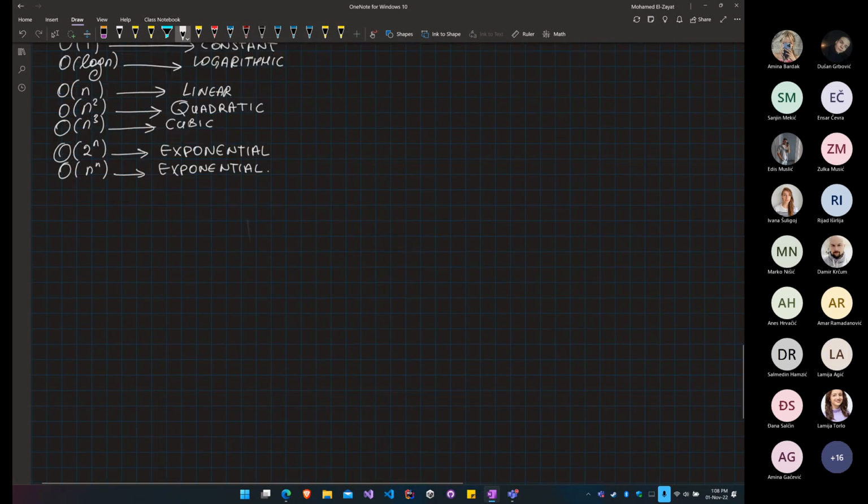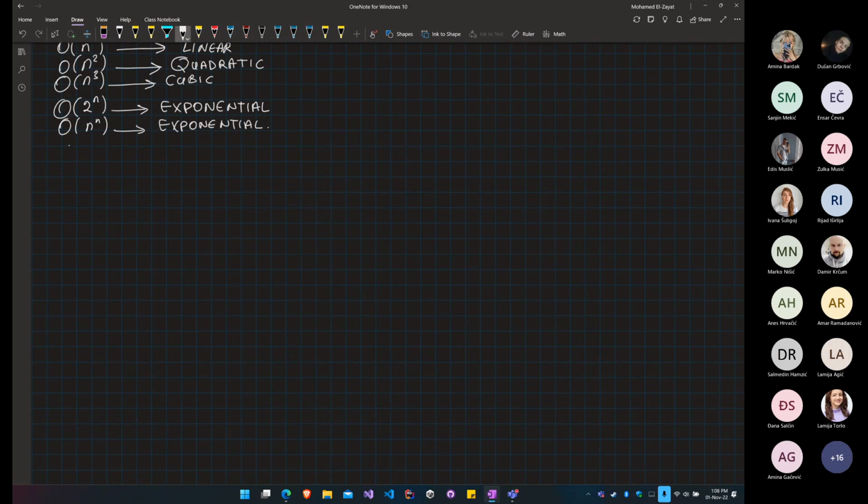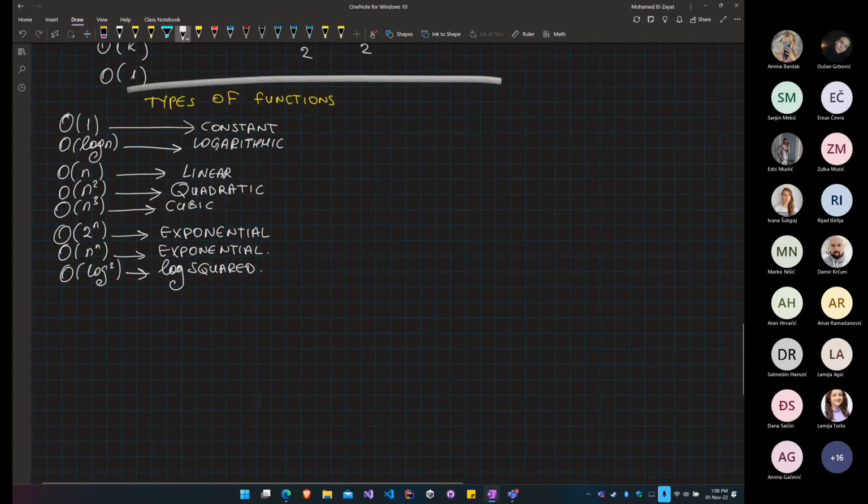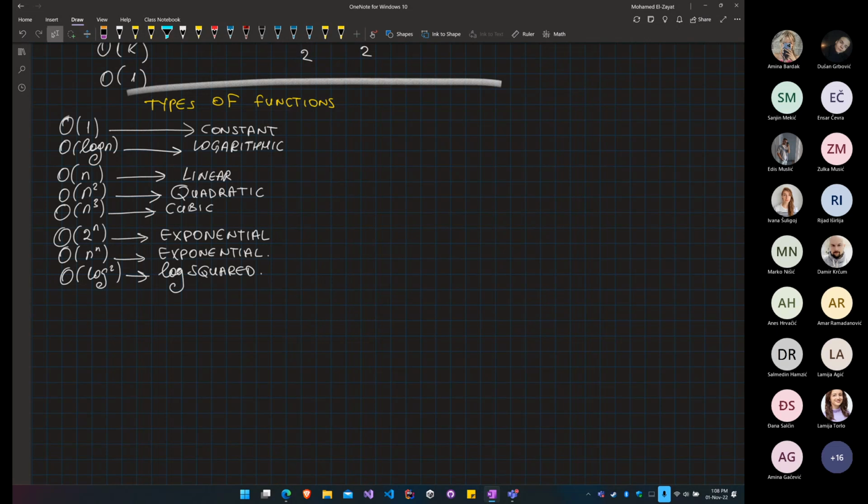And if you see somebody talking about something like log squared, it's also called log squared. So these are the types of functions that you might see in the wild.